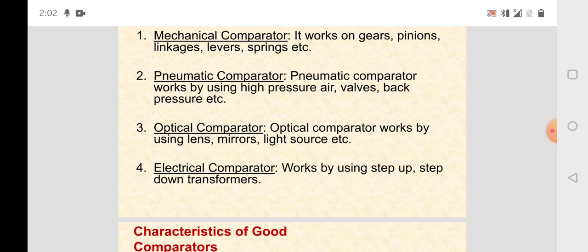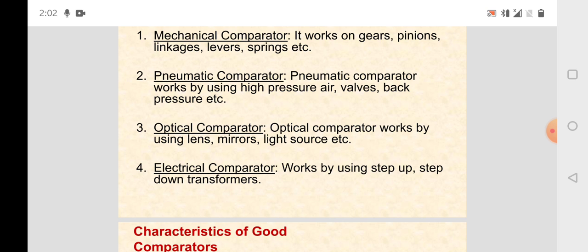Some parts are moving with respect to one another, which creates friction, and hence the accuracy may sometimes be disturbed because of the friction in the moving parts. So this is the first disadvantage of the mechanical comparator: accuracy is less.